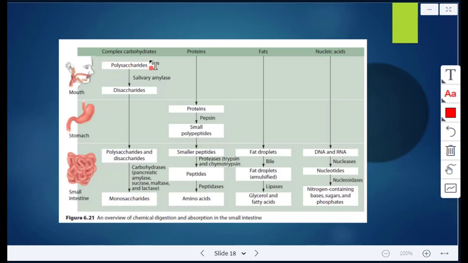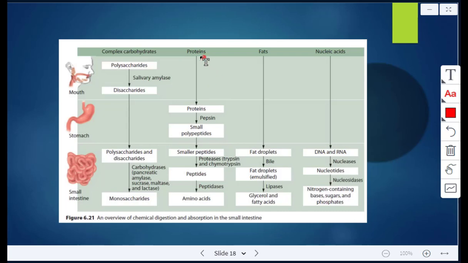It'll start breaking down polysaccharides into disaccharides. Nothing for carbohydrates happens in the stomach. Then in the small intestine, the polysaccharides and disaccharides get broken down into monosaccharides by pancreatic amylase, sucrase, maltase, and lactase.